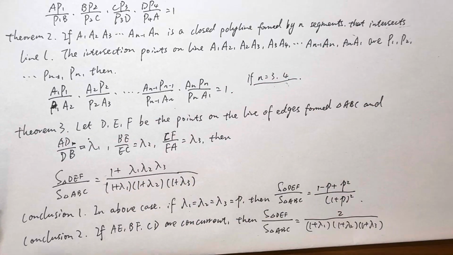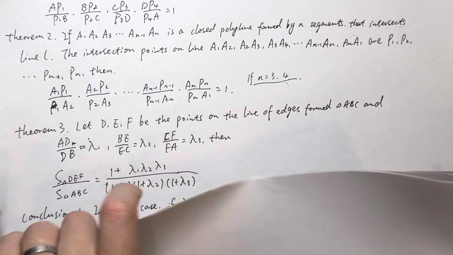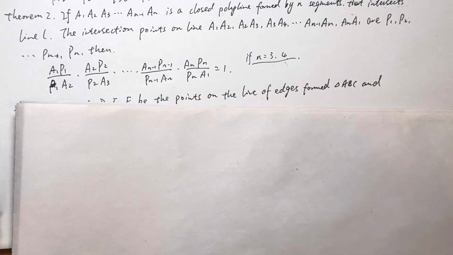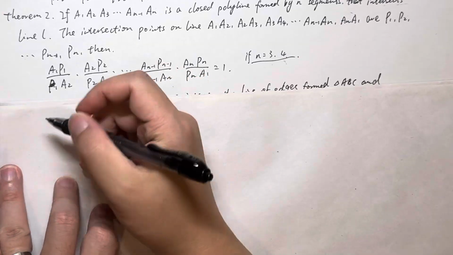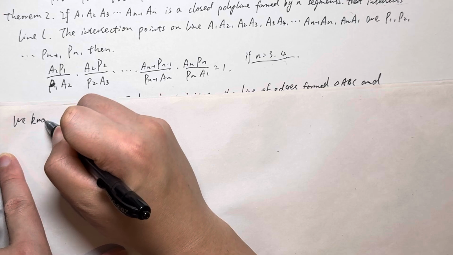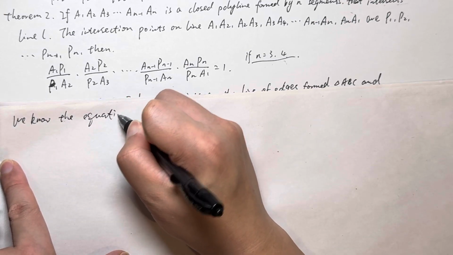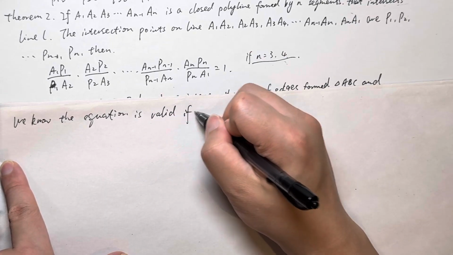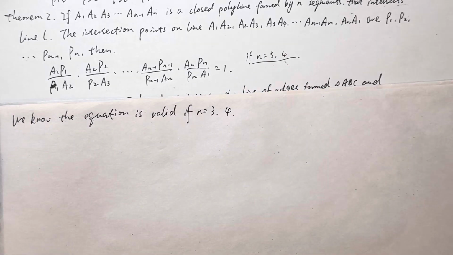Here we can just use mathematical induction, which means that we should be very careful of this, right? We use mathematical induction, which is that we know the equation is valid if n equals 2, 3, and 4, right?